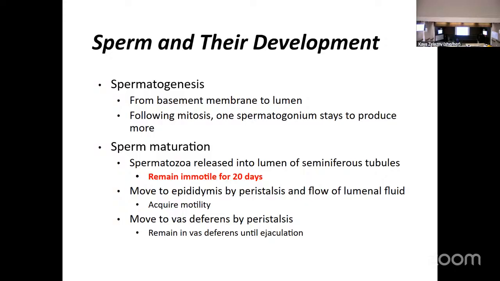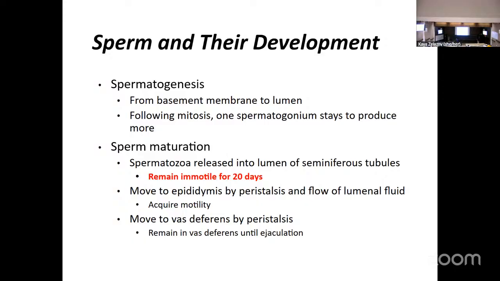So there's peristalsis. We're also moving some of the luminal fluid along with it. That fluid is also kind of dragging these spermatozoa along with it. And it's as they're exiting the testis and ultimately exiting the epididymis as well that they gain the ability to move, that they acquire motility, the ability to move those tails.